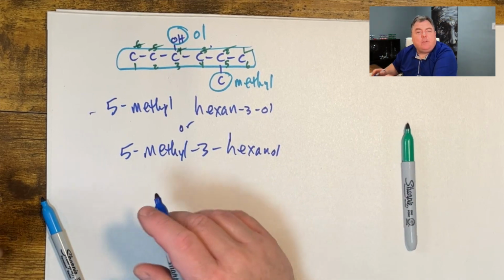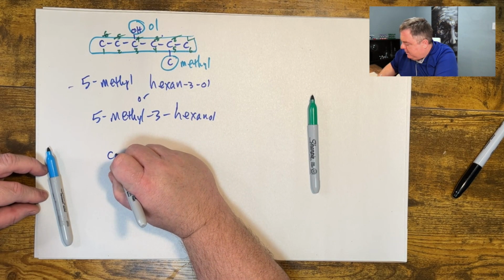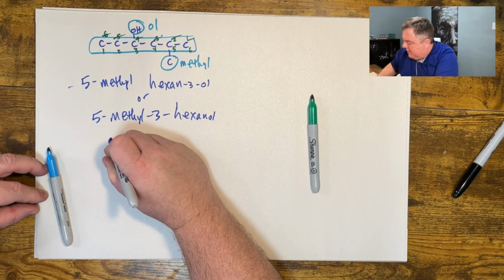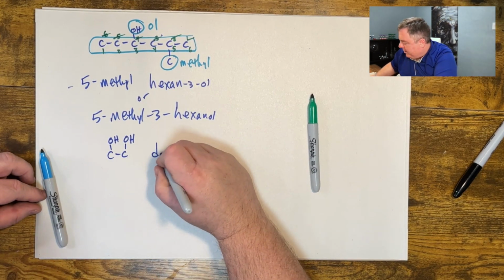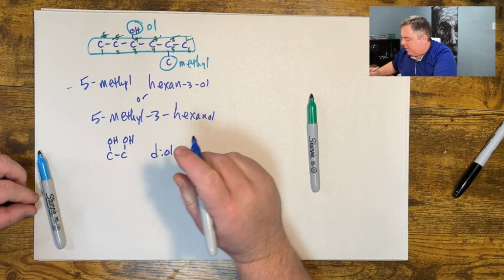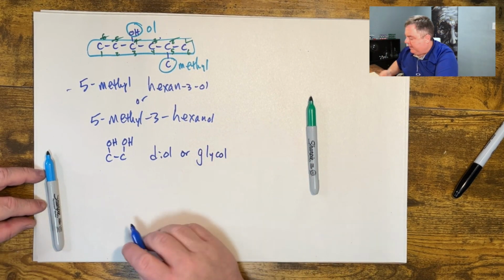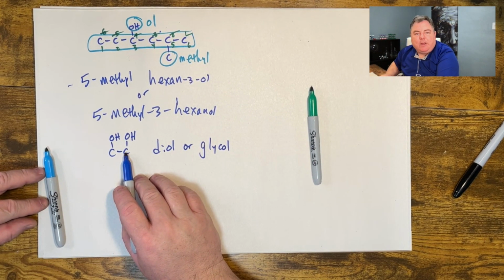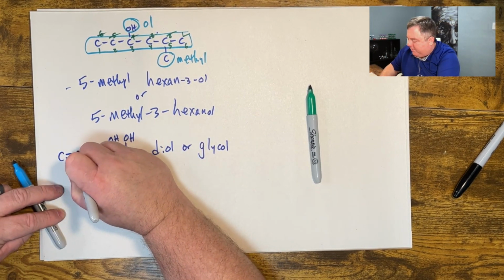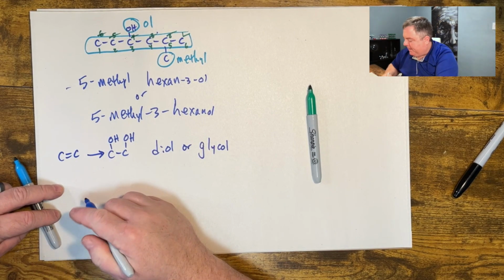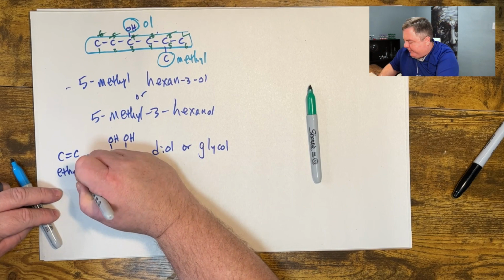All right, a couple more things about some common names. If you have 2 alcohols on something, a diol, or if they're right next to each other, 2 alcohols, that's called a glycol. When we name glycols, the common name for them is they're made from double bond compounds. This alkene, the common name for this is ethylene.